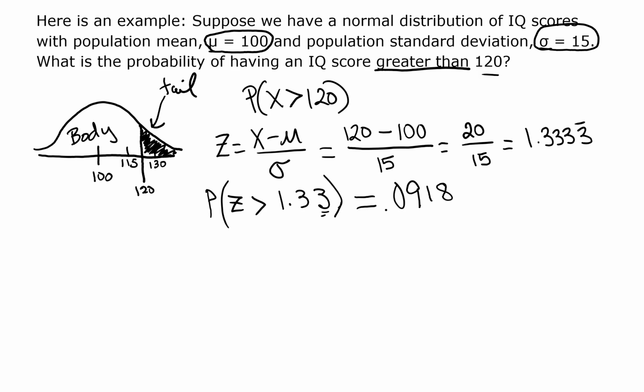And so the probability of someone having an IQ score greater than 120 is 0.0918, or the percentage of someone having an IQ score greater than 120 is approximately 9%, or 9.18%. Okay, so there we go. We just found our very first probability, or area under the curve. Yay! Awesome!